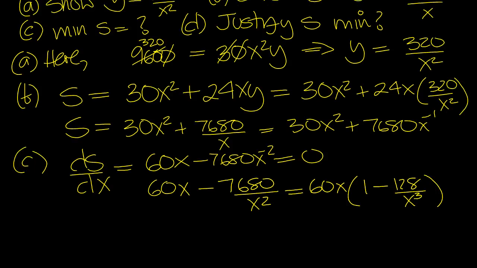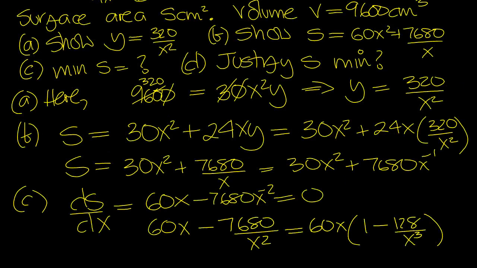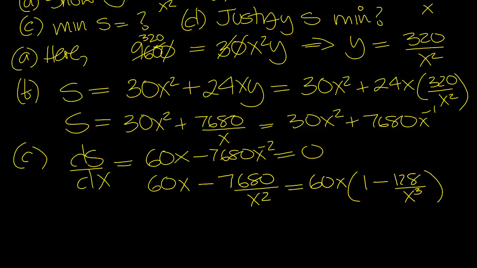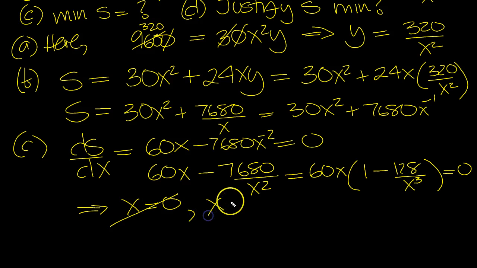So I've shown the surface area as that. Okay, so let's let that equal 0. That implies either x is 0, which is not interesting, or x cubed is equal to 128.